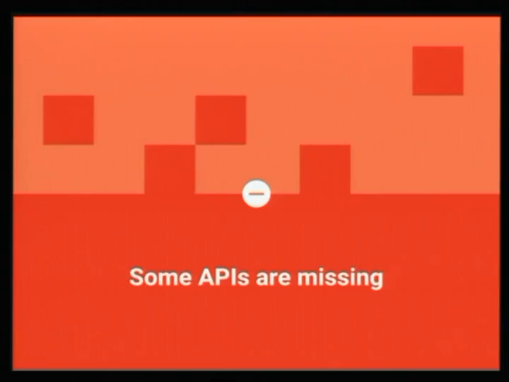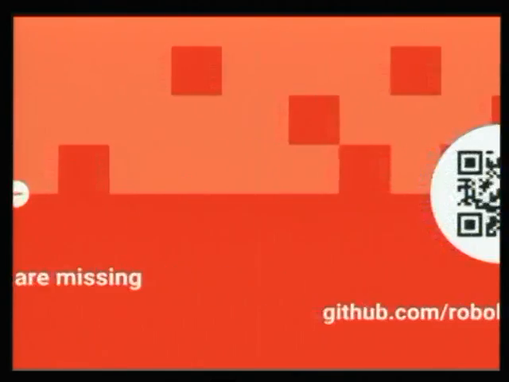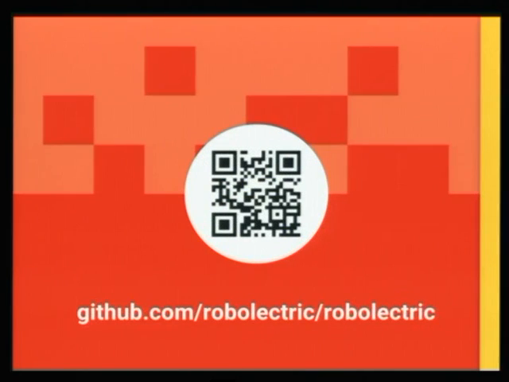So that's one downside. But they increase the coverage of the mocks very quickly. For example, half a year ago, there was no support for SQLite testing. Now there is. So again, download link.